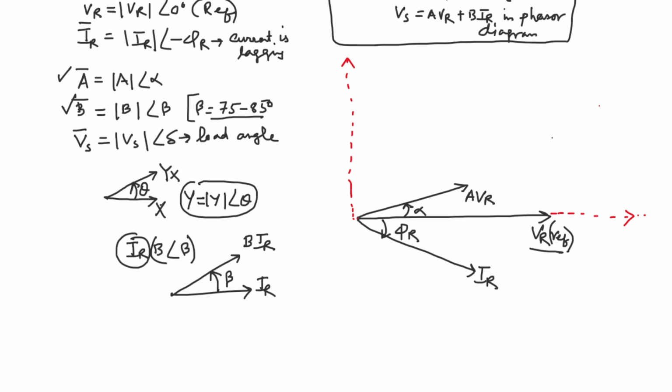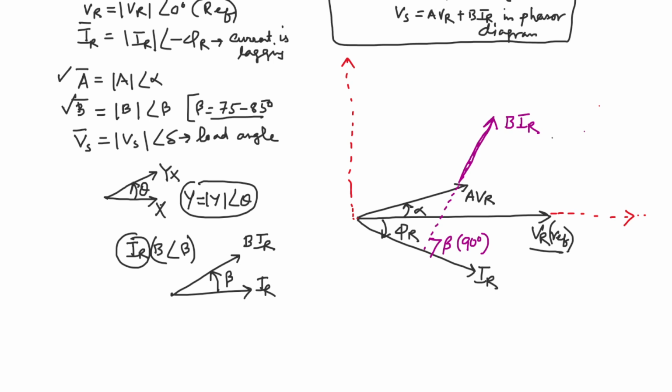So if we use beta equal to 90 degrees, then if you drop a perpendicular on IR, like this, this should be the BIR phasor for you. This is 90 degrees, or you can say this is beta.